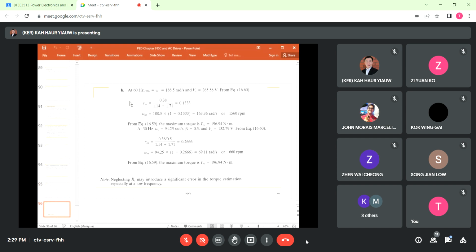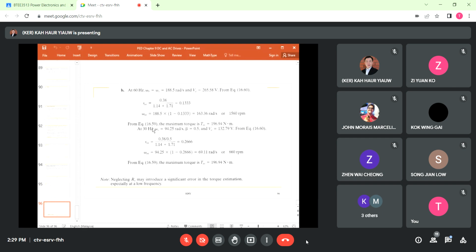For part B, at 60 Hz, omega b equals omega s, which is equal to 188.5 radian per second, and the VA is 265.58 volt. From equation 60, Sm is obtained with a value of 0.1333. So omega m is calculated as 1560 rpm.